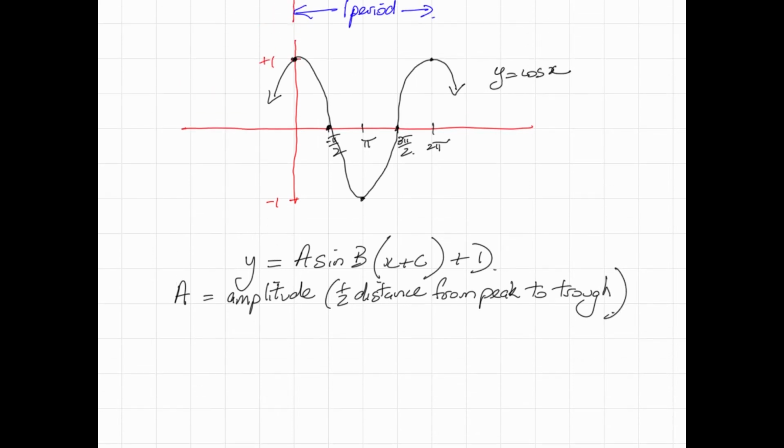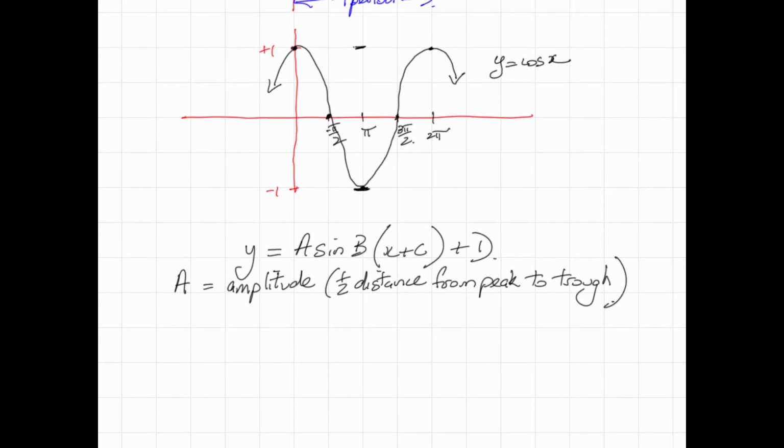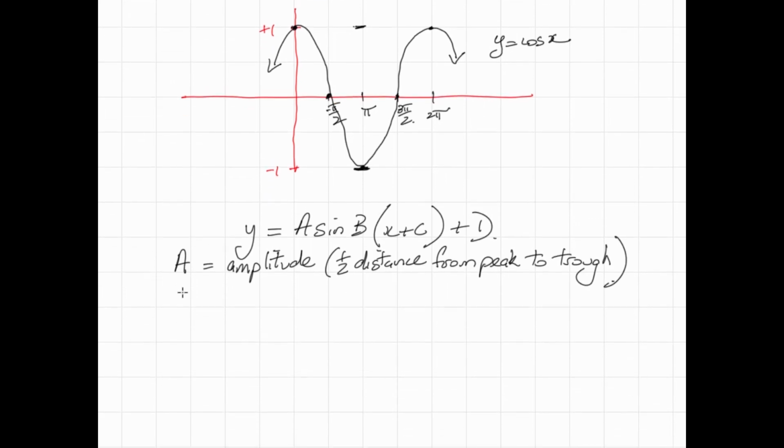If we go back to the cos graph here, I have a peak, so that's my peak. Here is my trough, at the bottom. Half that distance is 1. So y equals cos has an amplitude of 1. We've already encountered the fact that if we have a negative amplitude, it means it's flipped in a reflection in the x-axis. So a is the amplitude.